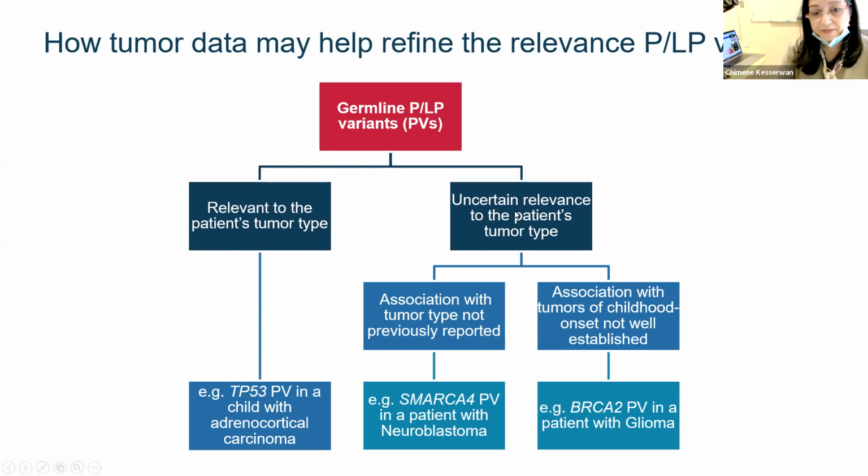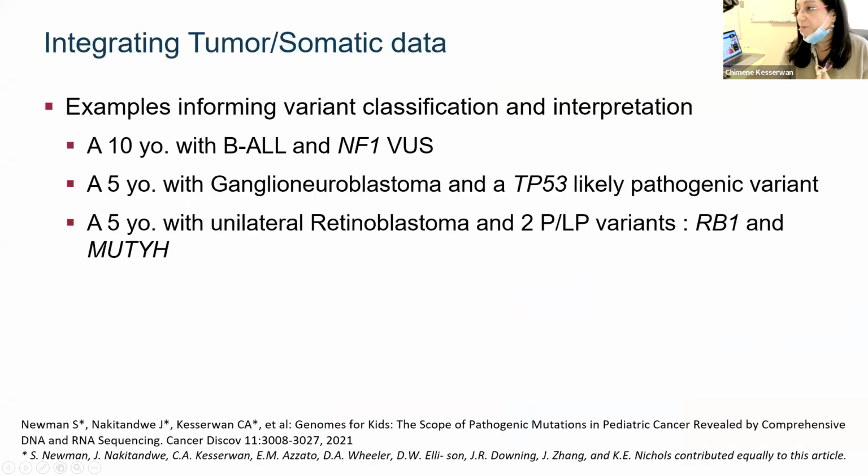But we have some variants, as I showed in the prior slide, of uncertain relevance to the tumor type. So either the association is not previously reported, and I gave the example of SMARCA4, which we found in a patient with neuroblastoma, or the association with tumors of childhood onset is not well established, like the BRCA2 pathogenic variant in a patient with glioma.